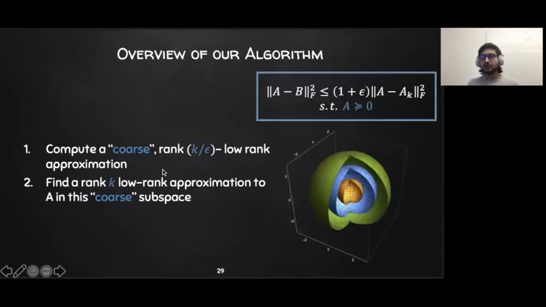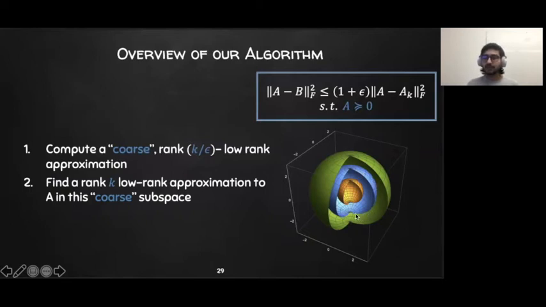A caricature to keep in mind is as follows. Let the green sphere here denote the subspace spanned by the columns of the input matrix A. So this is a subspace that spans R to the n. We then compute a k over epsilon dimensional subspace of the column space of A, and we denote this by the blue sphere over here.